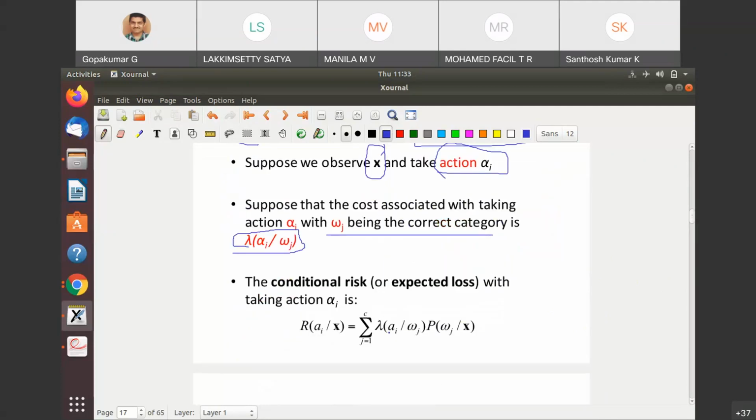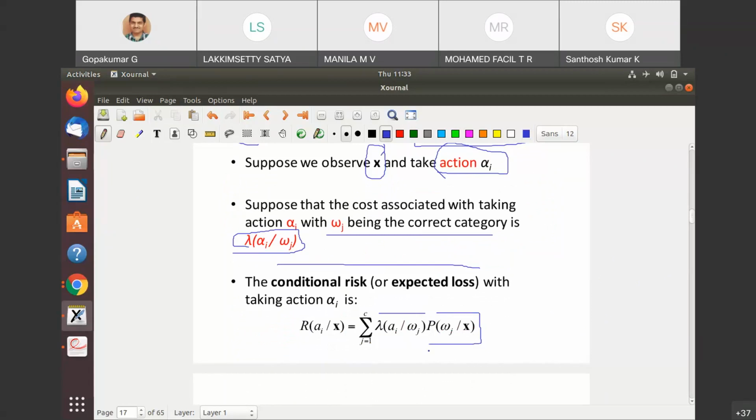The conditional risk is a conditional expected loss. We know this is a loss, and when it comes to the expected loss, we have to bring in the probability term also.